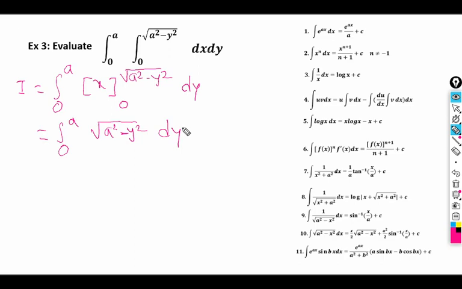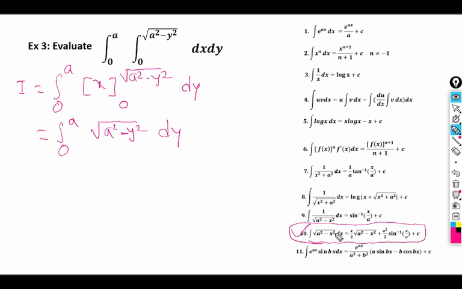So indirectly we have to evaluate the integral from 0 to a of root of a square minus y square dy. Now which formula? Just focus on the list of formulae. I told you at the beginning that one of the most important formulas is formula number 10, which we generally require to integrate a double integral over a circular region. The limits of the double integral represent a quadrant of a circle of radius a, and the double integral dx dy represents the area.